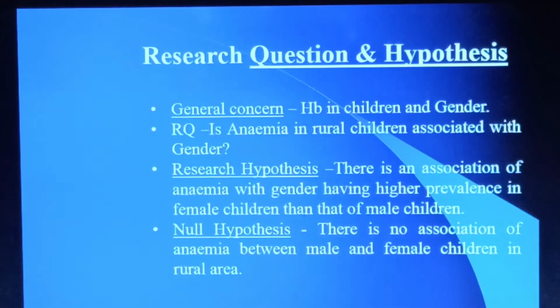Now if you put it in a different manner, as a research question and hypothesis, to begin with, any research can begin with a general concern like hemoglobin in children and gender. So is it of concern? You can convert it into a research question: is anemia in rural children associated with gender?